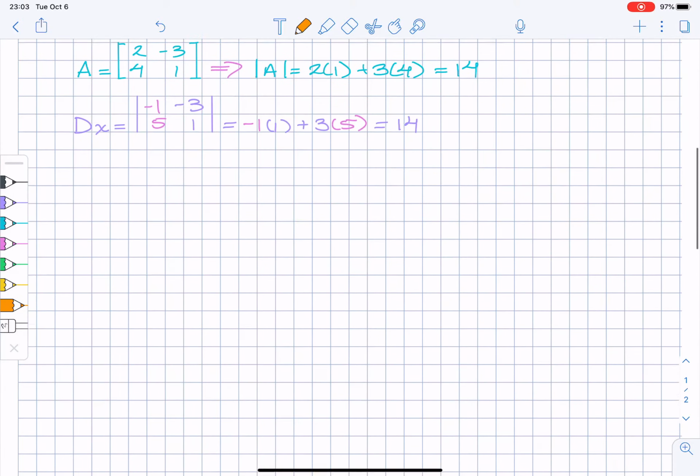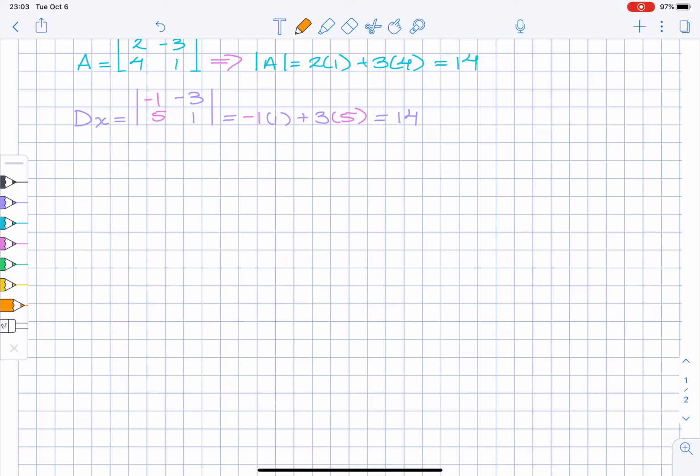Okay, so capital D sub y is going to be, well, the x column remains the same, 2 and 4, but now the y column is replaced with the answers negative 1 and 5. I take the determinant of that. So I get that this is 2 times 5 minus a negative 1, so plus 1 times 4. So 10 and 4 is 14.